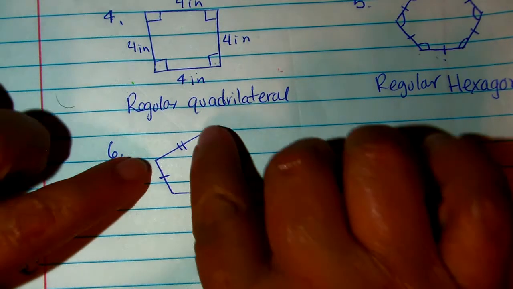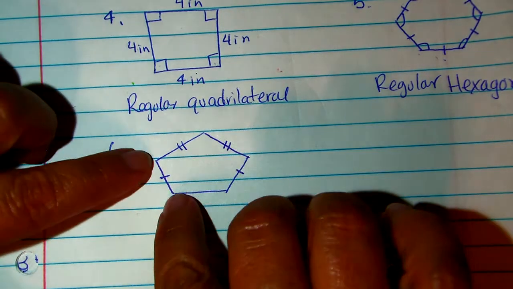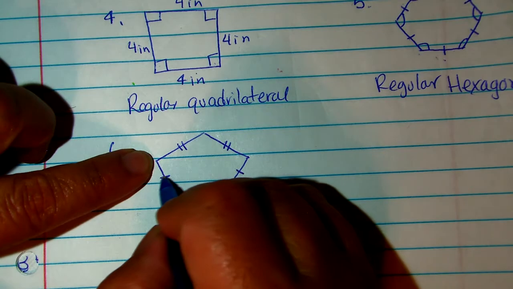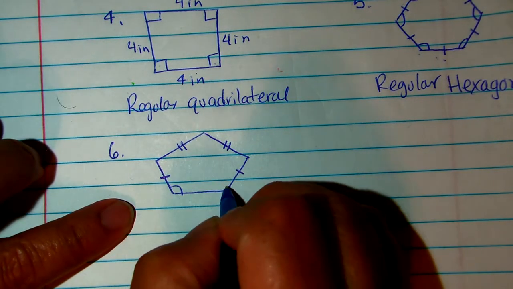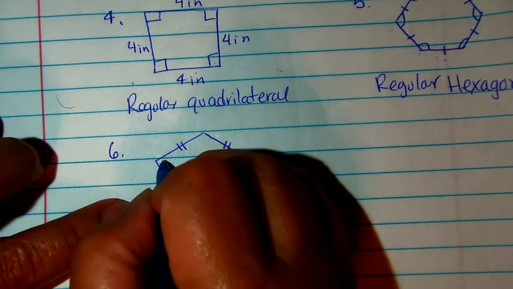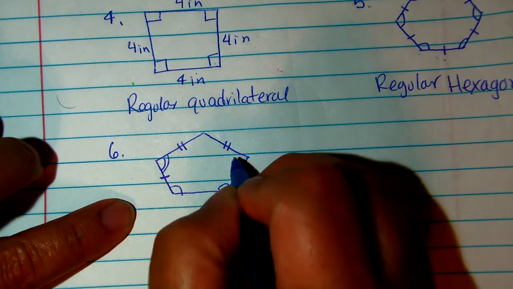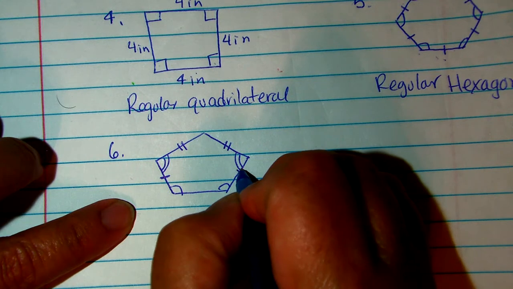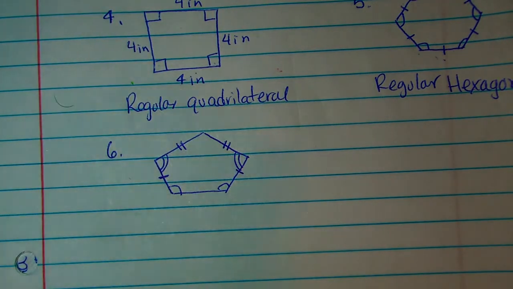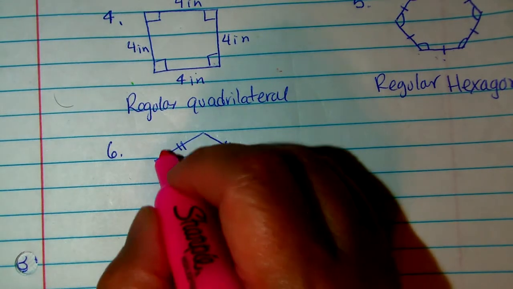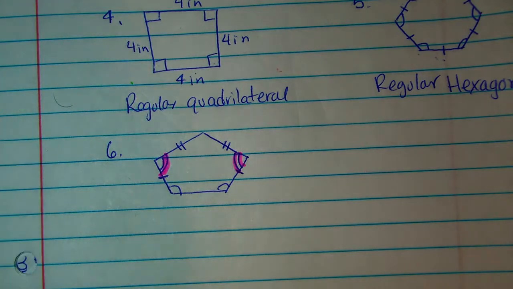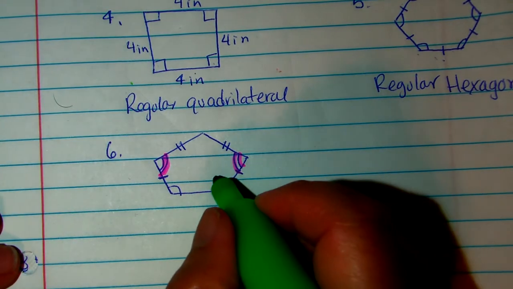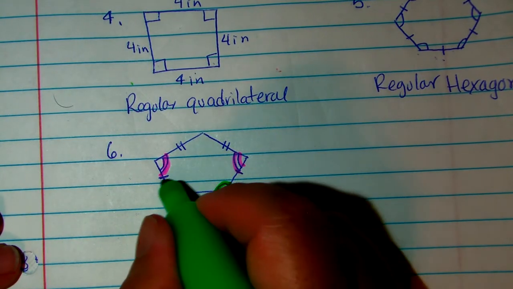These have a different measure than these, that's why there's only one little line here and 2 little lines over here. For the angles, these 2 right here on the base are congruent, and then these 2 are congruent. If you want to see the difference, I'm going to highlight these 2 angles to compare them with these 2 arcs right here.